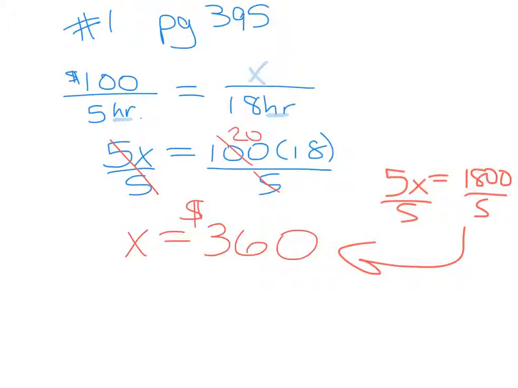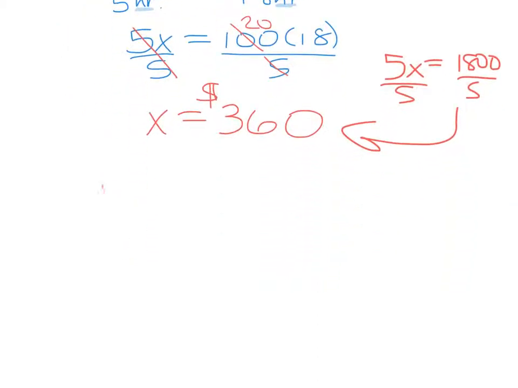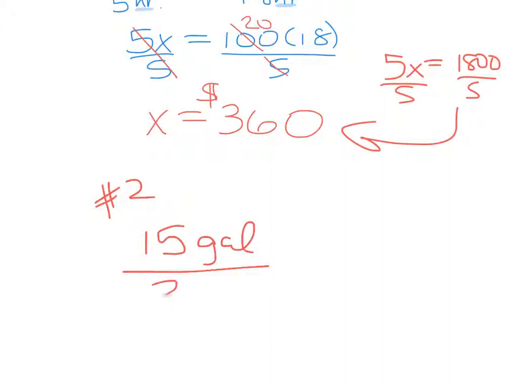Then on number 2, it says a certain car uses 15 gallons of gasoline, so this is the gas, in 3 hours. If the rate of gasoline consumption is constant, how much gasoline will the car use on a 35-hour trip?